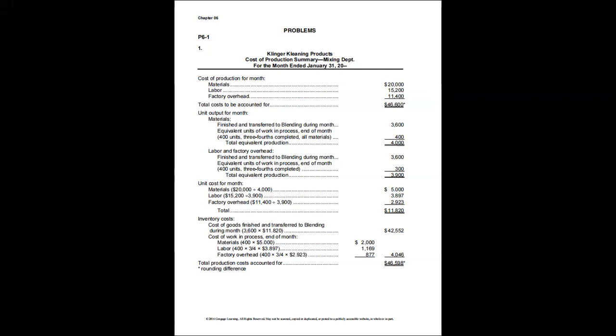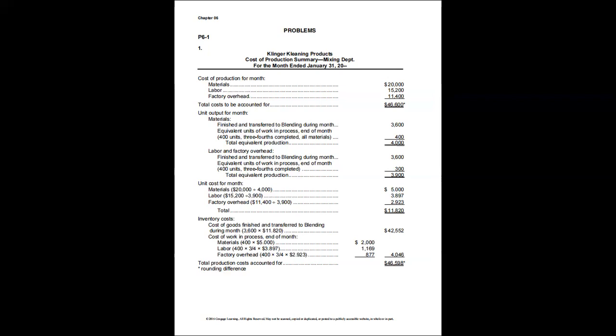Now, if the cost to be accounted for is 46,600, the accounted for is short by $2. It's due to the rounding off difference. But again, if you carry up to the last 5 decimal places for the unit cost, now you will get the exact amount of 46,600.